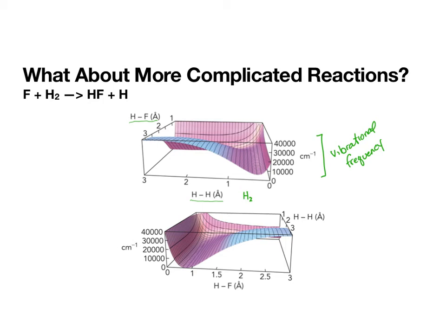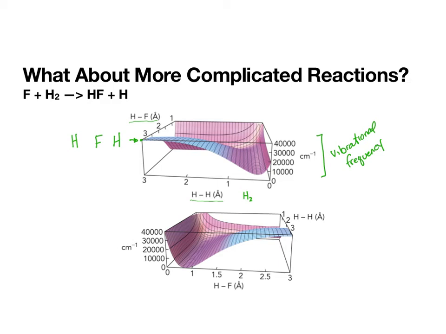So when we have things very far apart, this corner up here is where we basically have an H, an F, and an H, all infinitely separated. And so this is basically our zero energy.